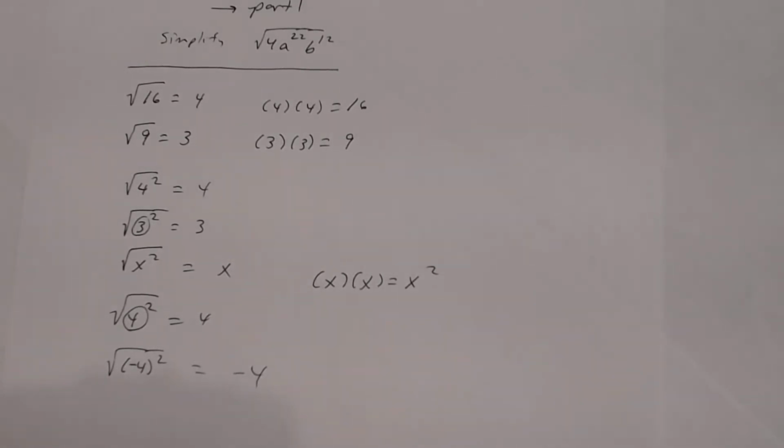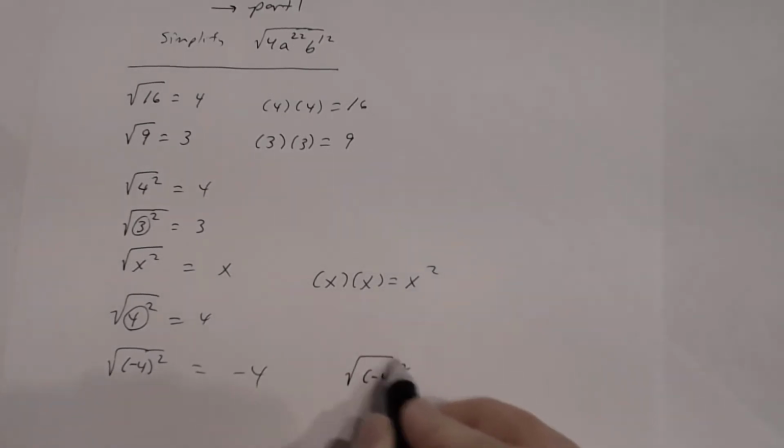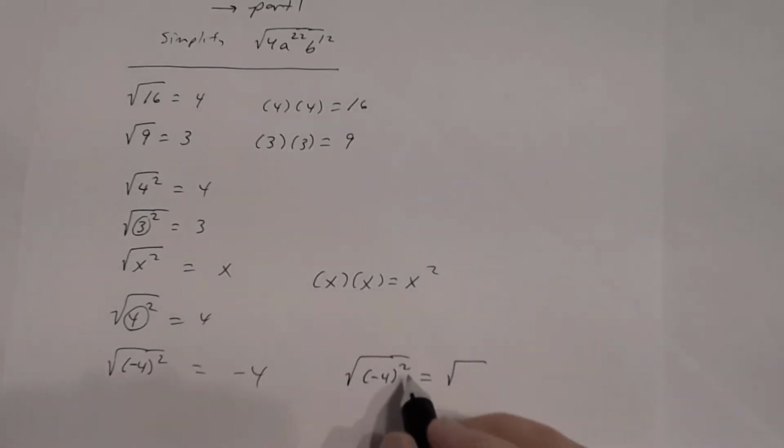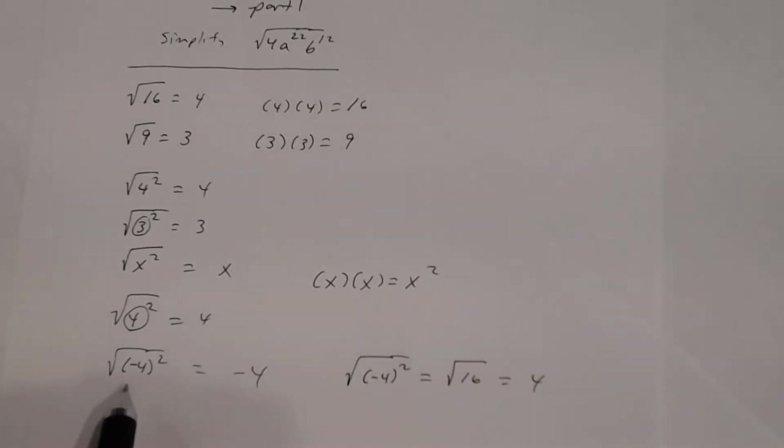No, it's not. Remember, you always simplify the radicand first. Negative 4 squared is 16, and the square root of 16 is 4. So the square root of negative 4 squared is 4.